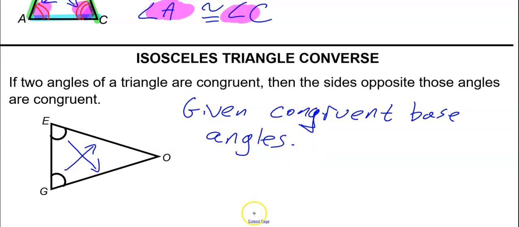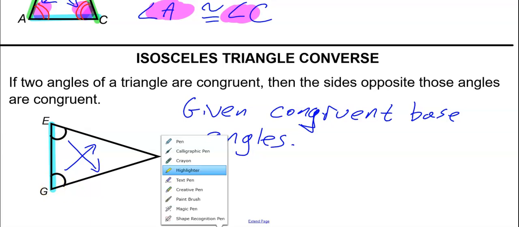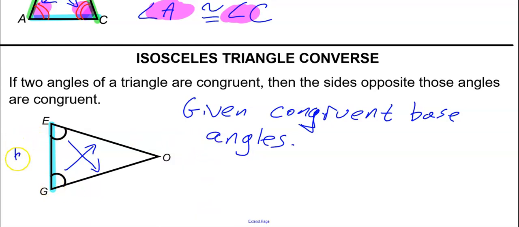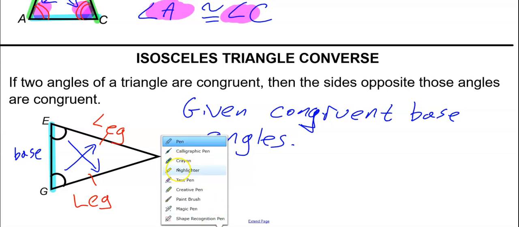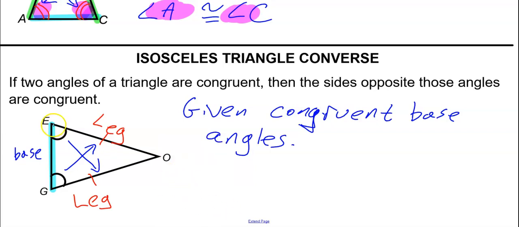That makes this side the base. There's my base. The two congruent angles always touch the base. So the sides opposite those are going to be my legs. And now we can say they're congruent.